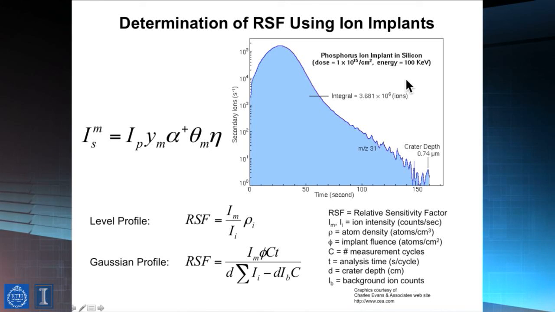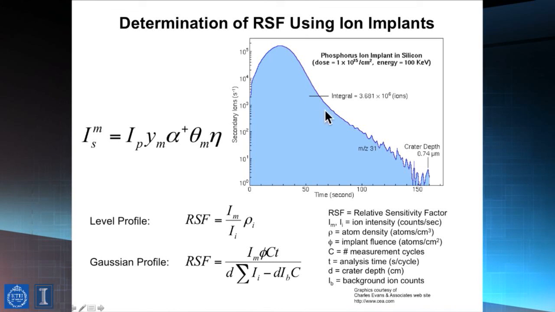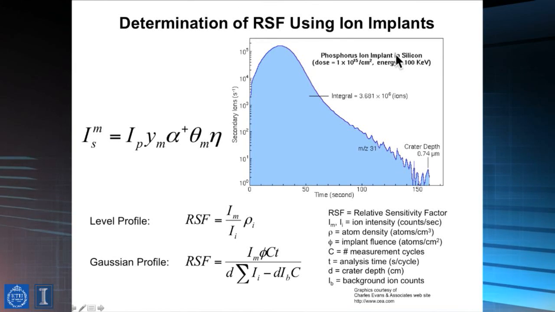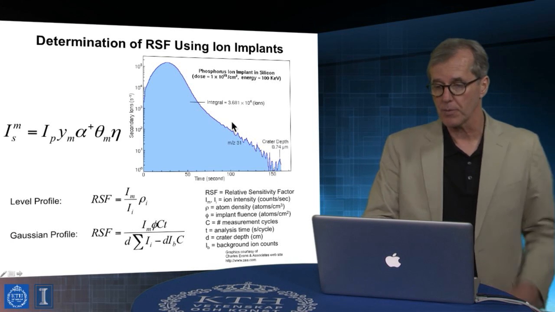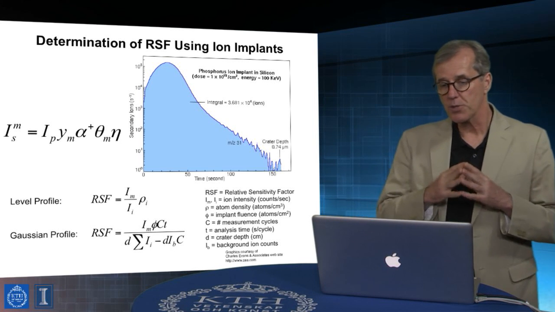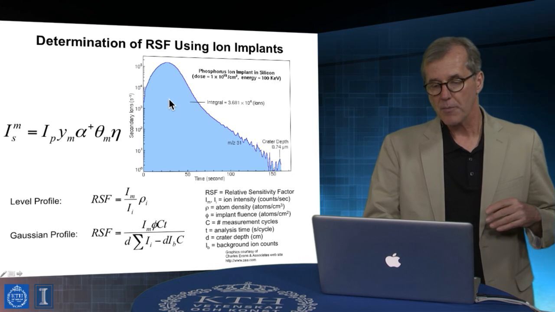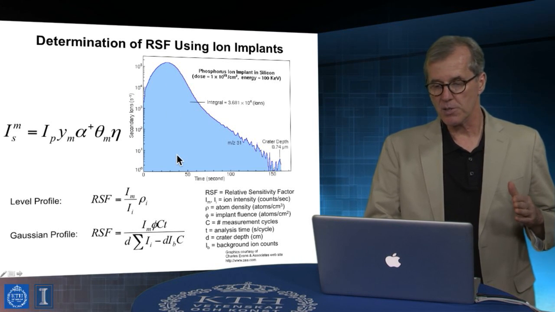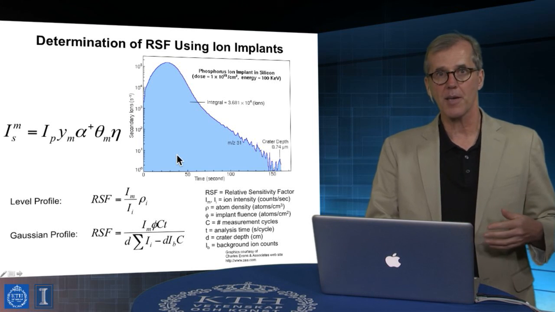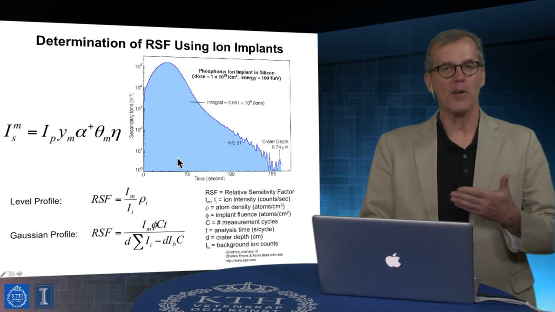So this is a very high energy ion beam, which is then used to implant phosphorus into the silicon sample. And you can then use that material as a way to calibrate phosphorus as an impurity in an unknown silicon sample, right? This kind of implanted sample might cost you about, well, the last time I did something like this, it cost us about $10,000 to make the sample. So while this is possible, you might not want to do it.